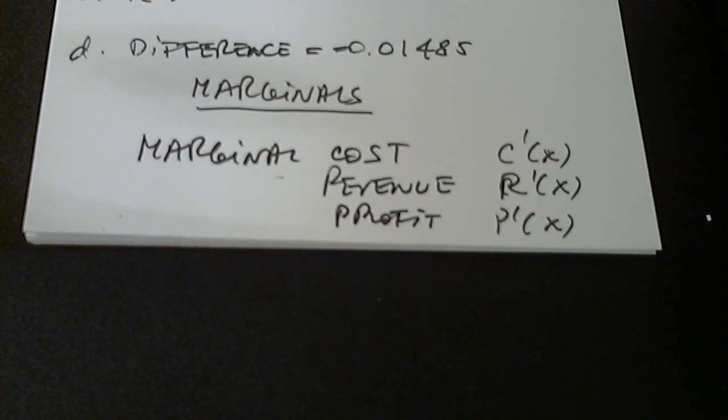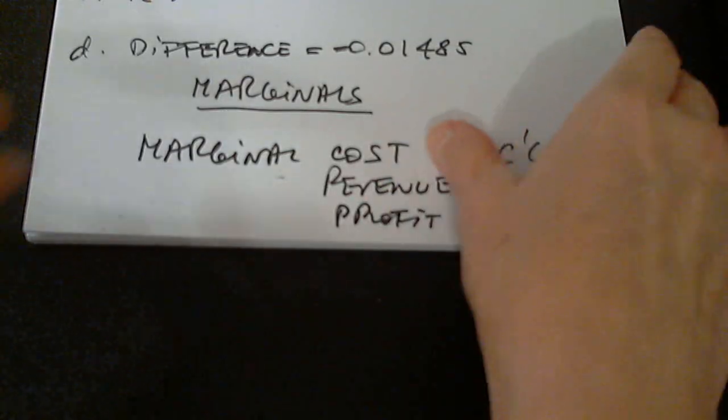So let's look at a problem. Marginal revenue, cost, and profit. Is this okay? Yeah. Okay, perfect. Let's take a look. Nothing new so far.